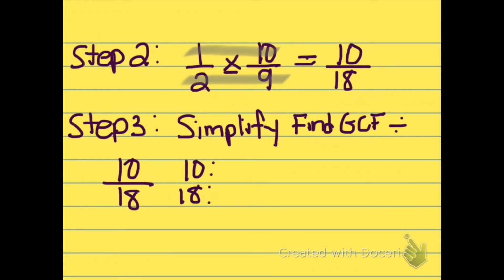That means the factors, the numbers you can multiply together to get 10 and 18. So I know 1, 2, 5, 10. On 18, I've got 1, 3, 6. I missed one. I'm going to throw a 2 in there and a 9.